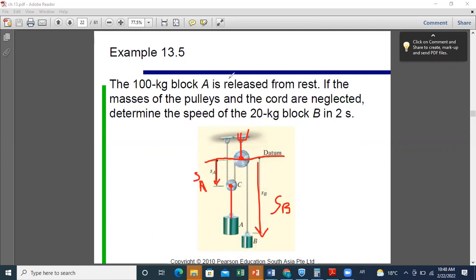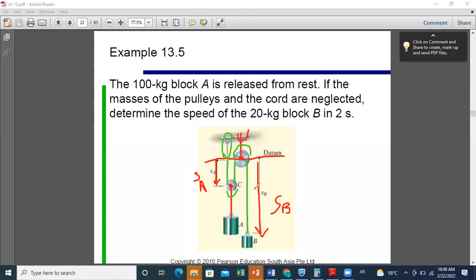And now, if I move along my pulley, my chord is of length, first, SB. This part is a constant, okay? Then when moving here, it's SA, and this is a constant. I move again a distance SA, and this is a constant.